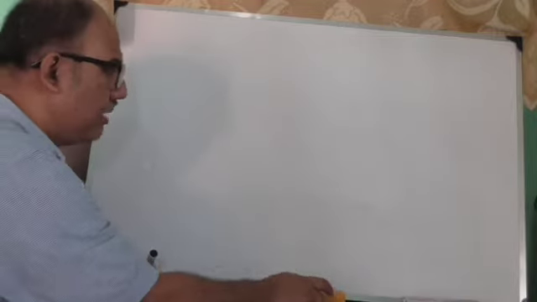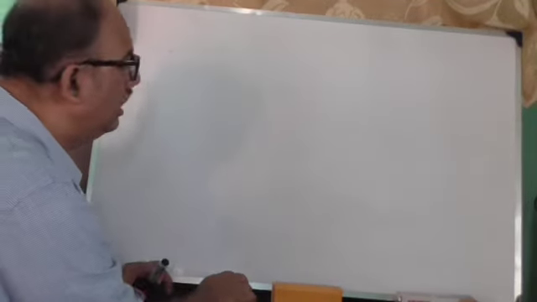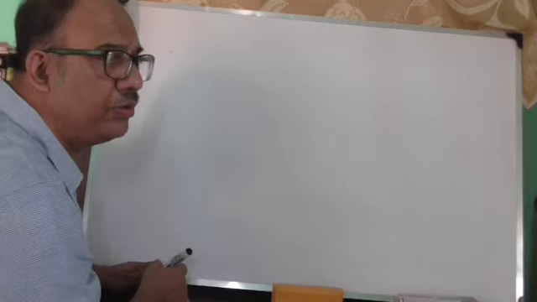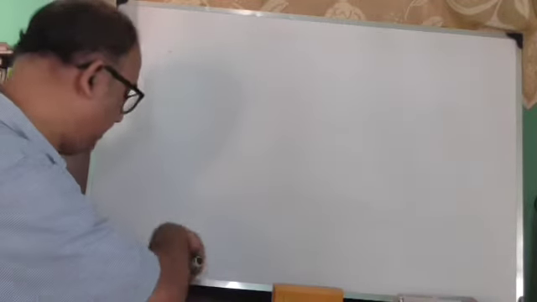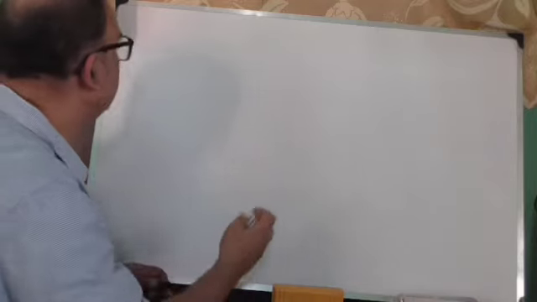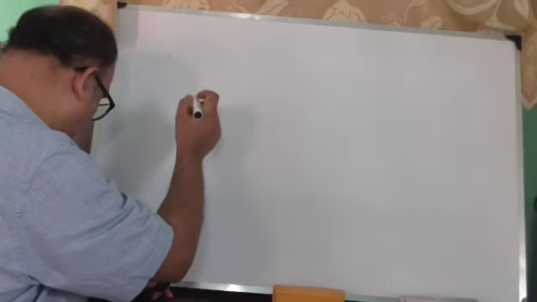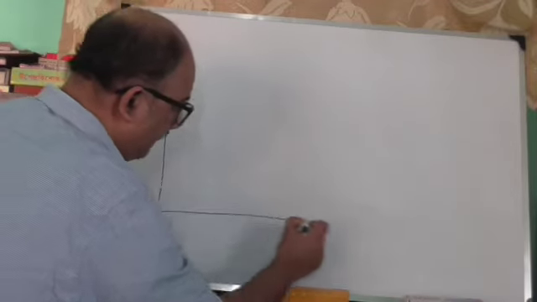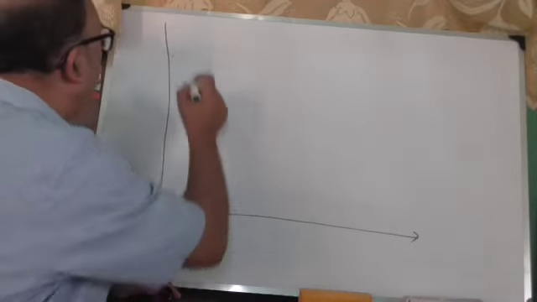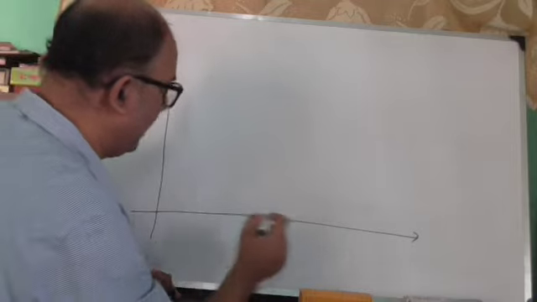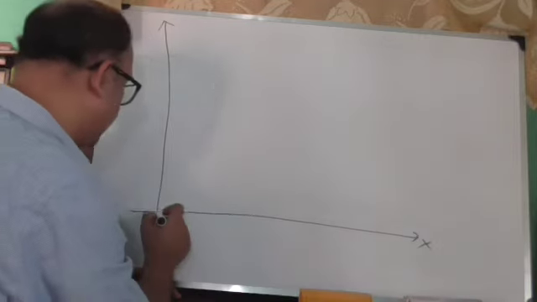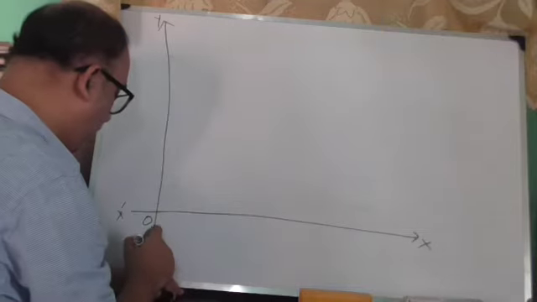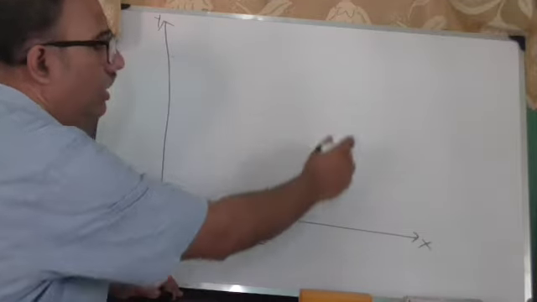To do that, we have to recapitulate a little bit of drawing a graph. I hope you remember how to draw a straight line, because that information is required to solve using the graphical method. Let's draw a graph first. In a graph, as you know, we have the x-axis as X'OX and the y-axis as Y'OY.